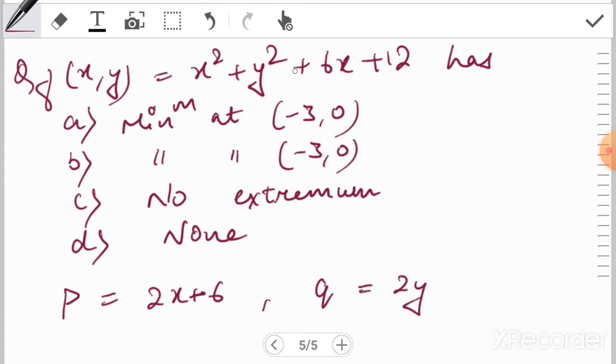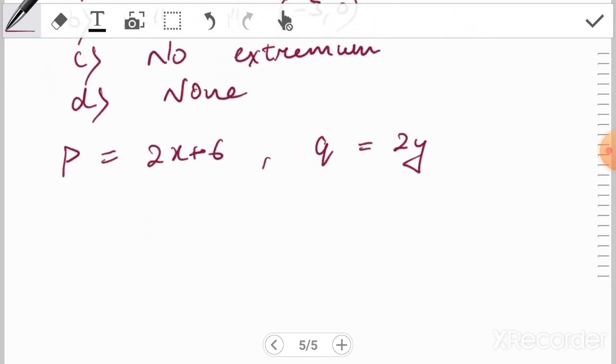Okay, this is 0, and only 2y will be left. Now find r, the second order derivative of p, which is 2.